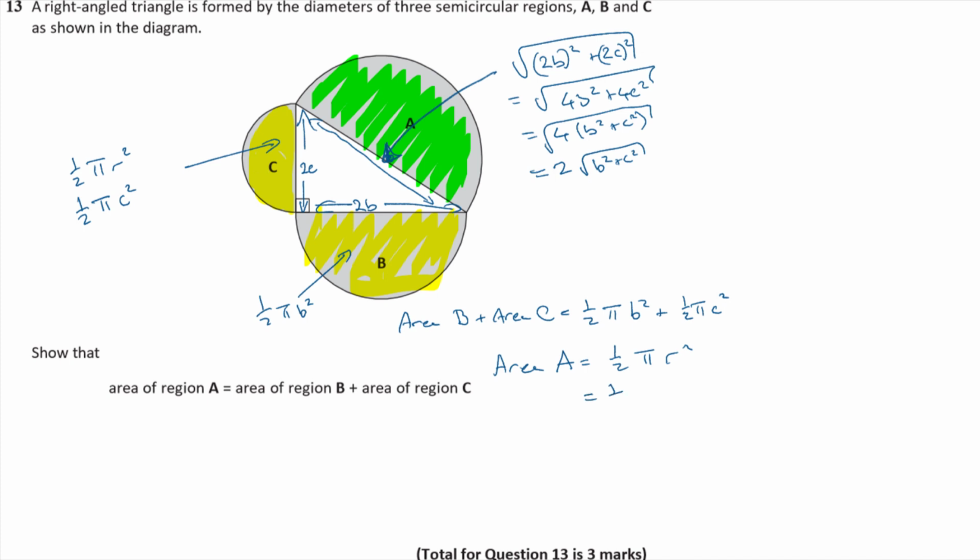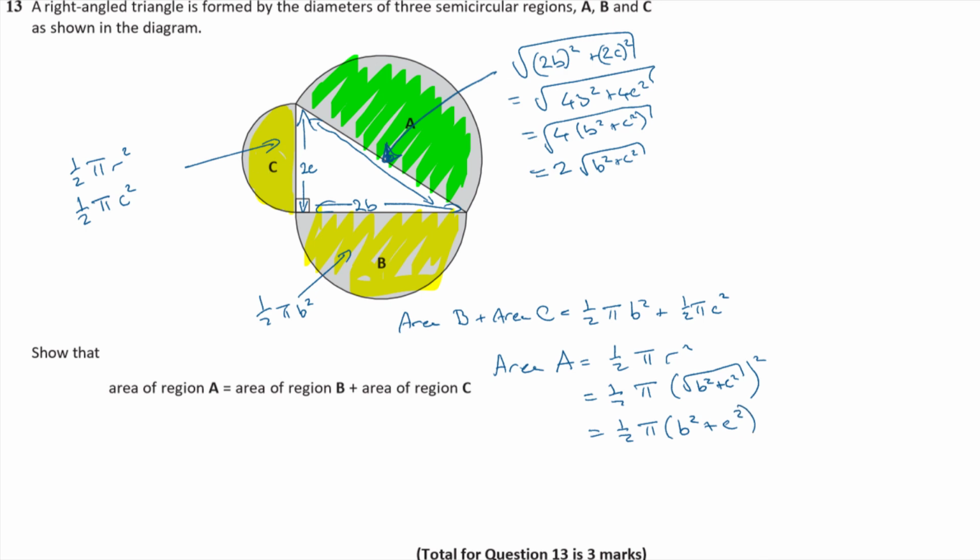So it's going to be a half of pi root b squared plus c squared, squared. Okay, so when you square root a square, you're just going to get your thing back again, then, isn't it? So like that square root and square cancel each other out, and I'm left with a half pi b squared plus c squared.